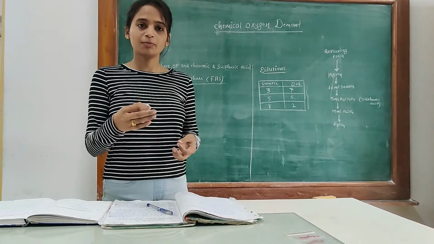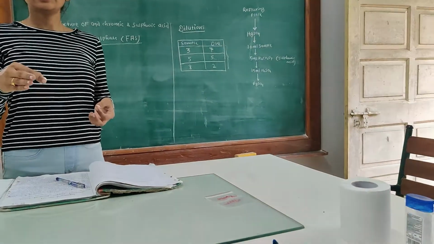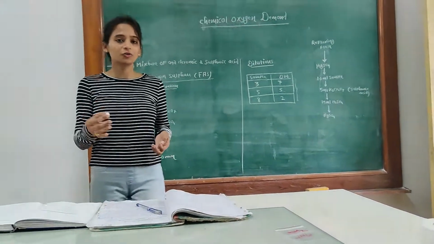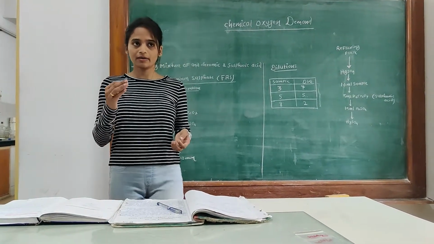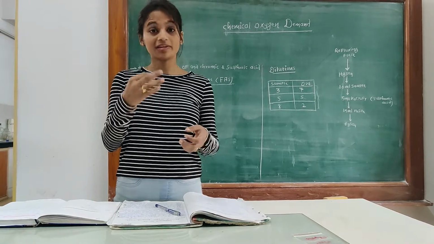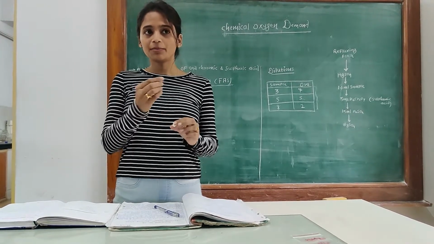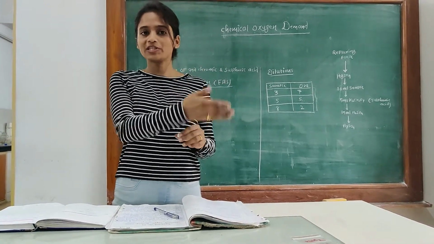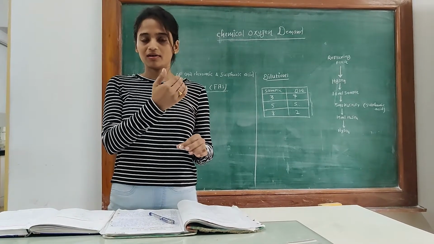Most of the potassium dichromate is utilized, or consumed, and at the end of refluxing, after 2 hours of digestion, some amount of potassium dichromate will be unused.